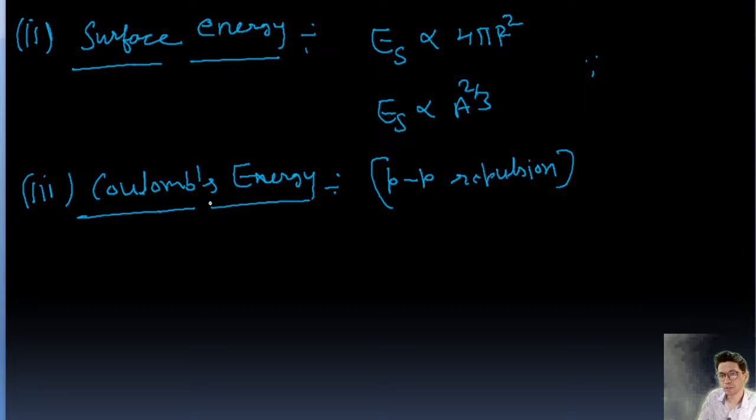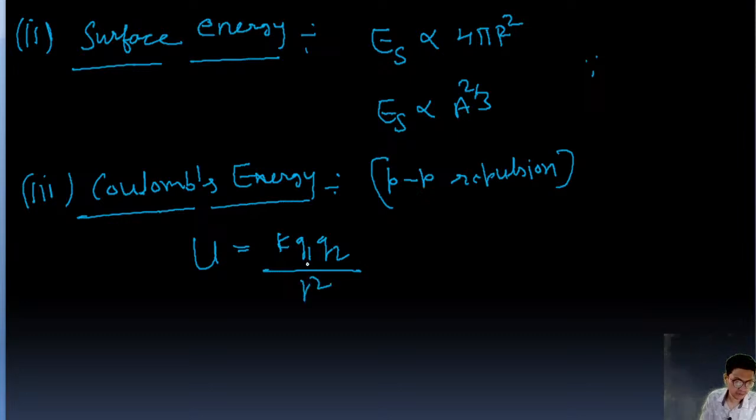Coulomb energy is because of protons in the nucleus. We know potential energy U is equal to K Q1 Q2 upon R, and force is K Q1 Q2 upon R square.